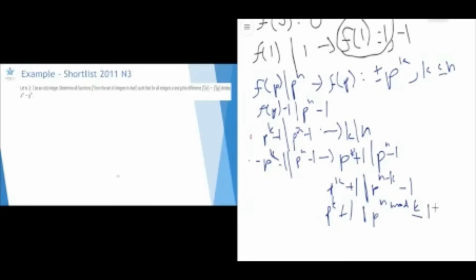Now at this point, since we know that a remainder is less than its modulo, this thing is forced to be 0. So this means that k has to divide n. Let n equal mk.